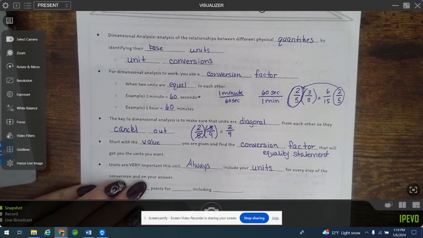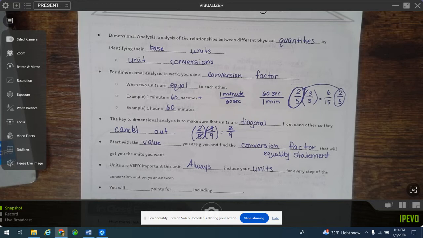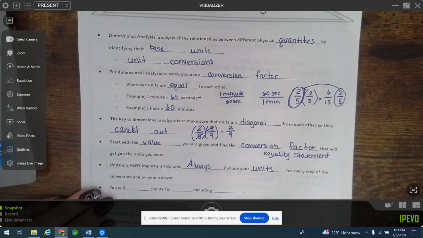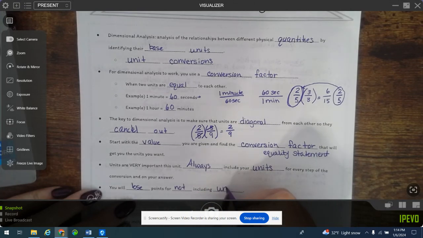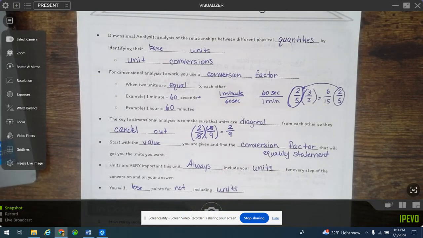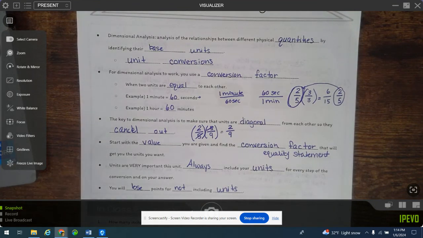If you write your work so that I can read it and you include your units, I'll be able to tell where you made a mistake, and I can give you partial credit around that mistake. If you don't write anything down, it makes it hard for me to do. So you're going to lose points if you do not include units as you go through the question.